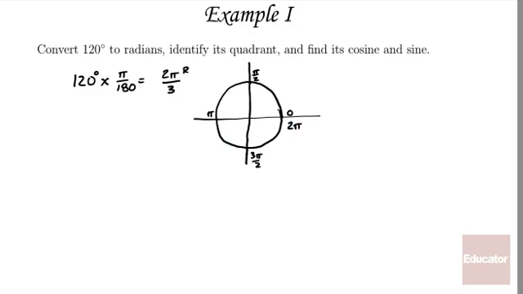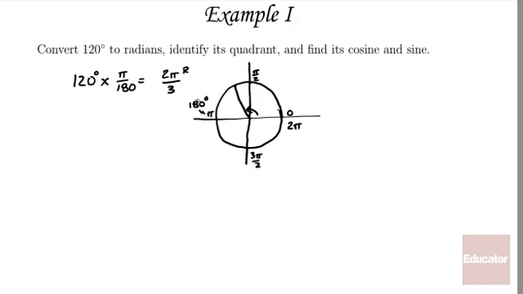Now 2 pi over 3 is between pi over 2 and pi. In fact, it's closer to pi over 2. It's 2/3 of the way around from 0 to pi. If you like that in terms of degrees, pi is 180 degrees, and so 2 pi over 3 is 2/3 of the way over to 180.